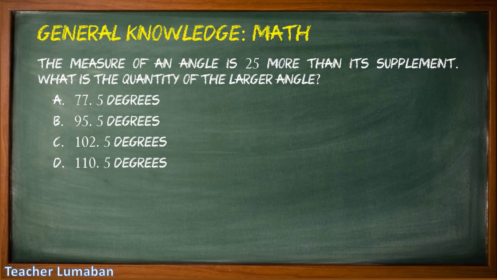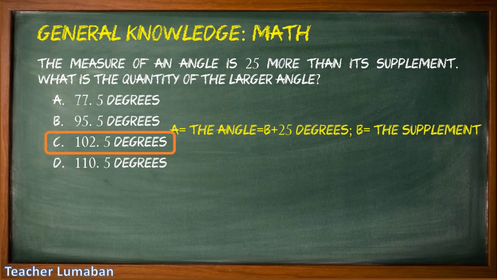The correct answer is letter C, 102.5 degrees. The quantity of the larger angle is 102.5 degrees. A equals B plus 25 degrees, B equals the supplement. A plus B equals 180 degrees.